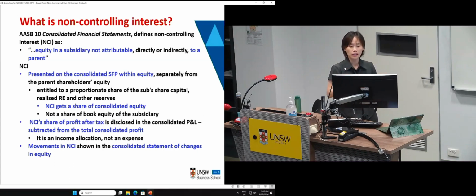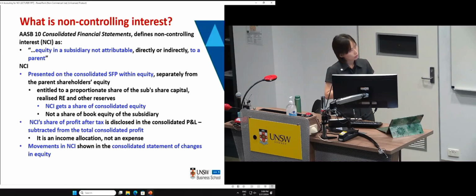So you can see NCI cannot fit into the definition of a liability because the subsidiary has no present obligation to pay anything to the NCI party. So it better fits the definition of equity. Right? And therefore, NCI should be presented under the equity section in the consolidated statement of financial position, separate from the parent shareholders' share of the consolidated equity.